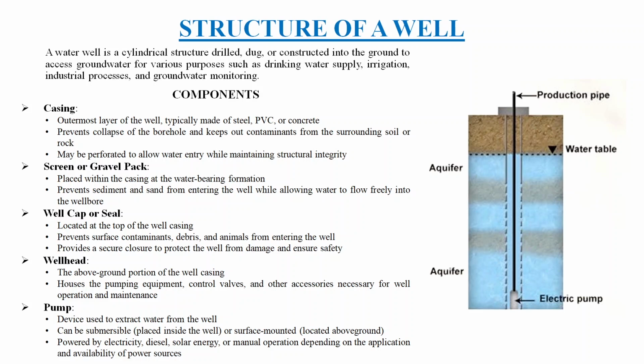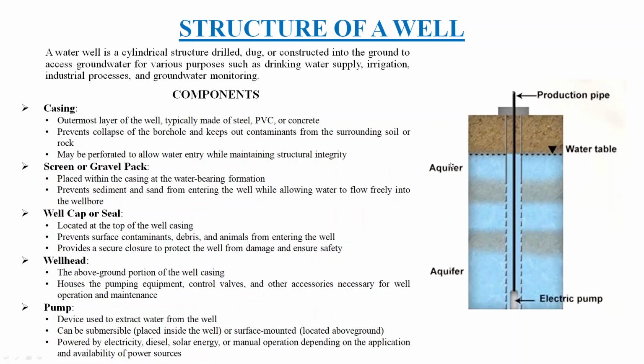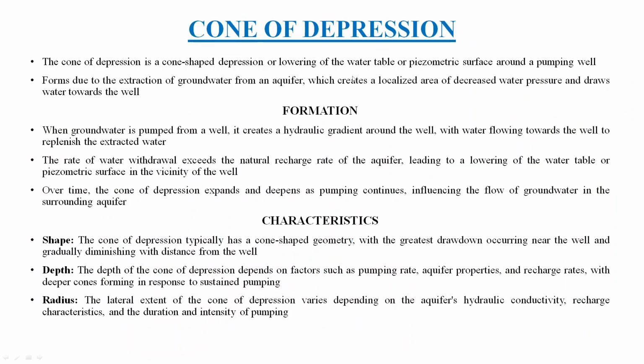There has to be a casing so that other sediments or materials do not get inside your well and contaminate the supply of your water, because you are looking for fresh water. That is why you have dug a well into the surface.